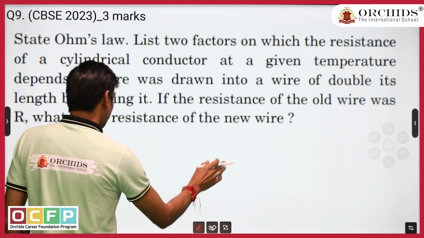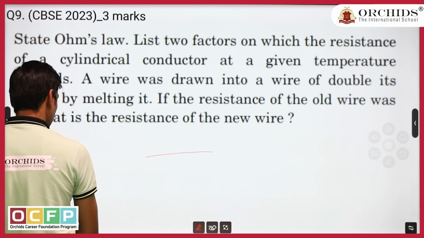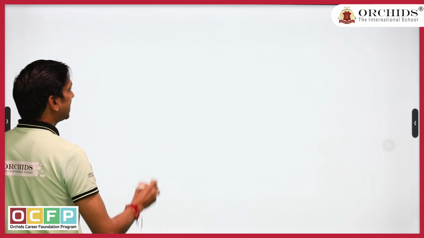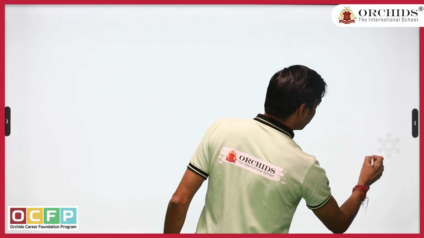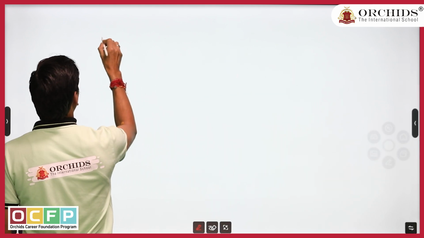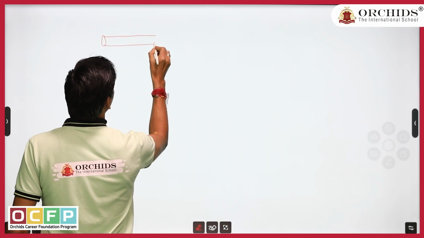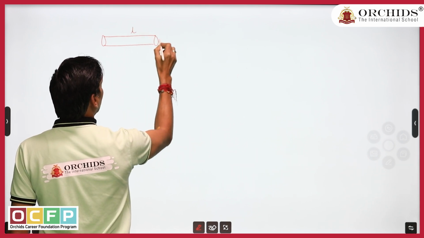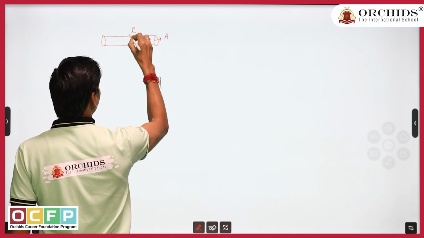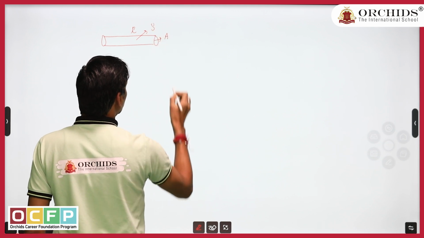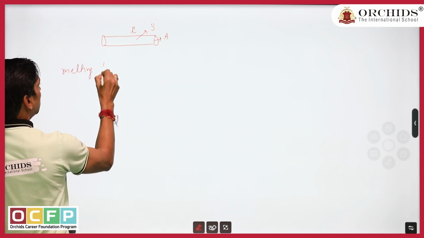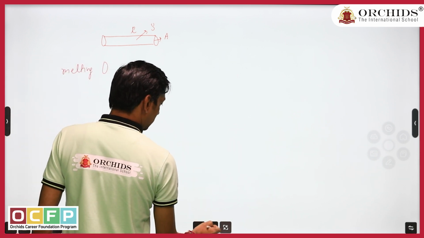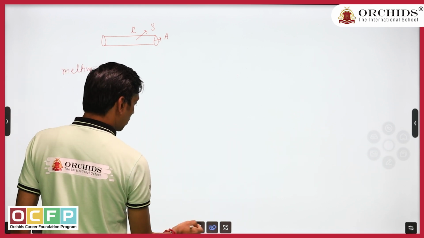Now what they are saying is that you are having two wires. So this is wire number 1, having length L and cross-sectional area, let's say A, and resistivity rho. Now what we are doing after that, we are melting it. After melting, we are changing the diameter of the wire.